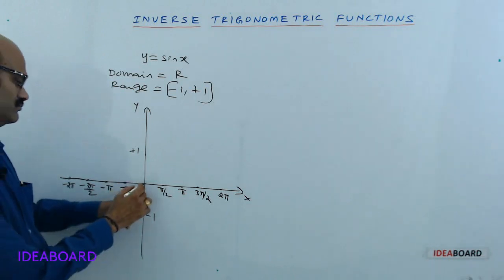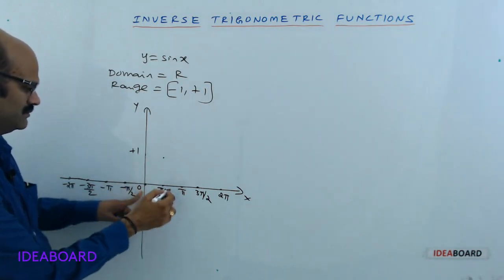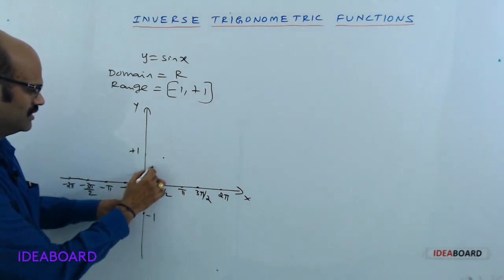Sin 0 is 0, sin 90 is 1, sin 180 is 0. So the graph is like this.